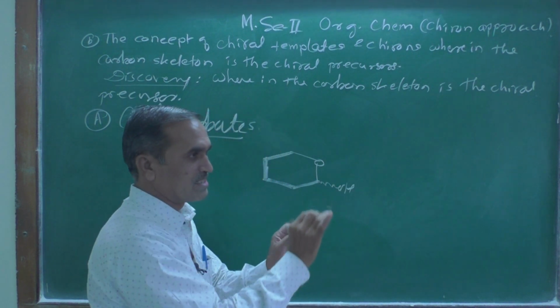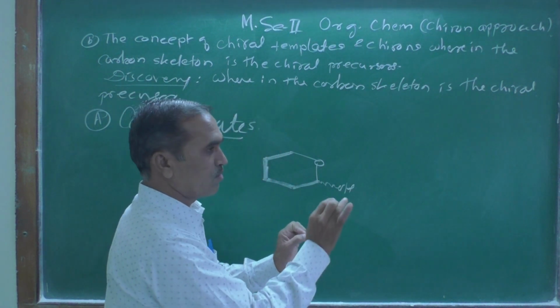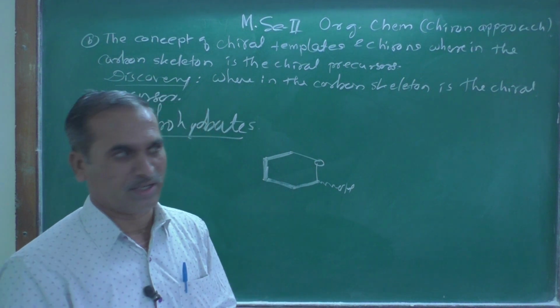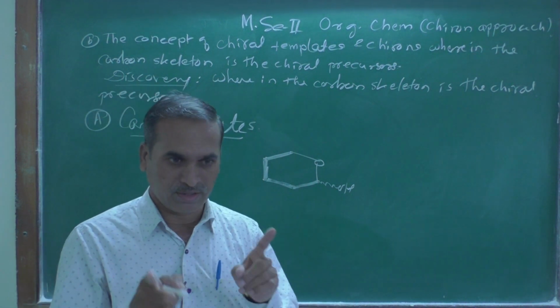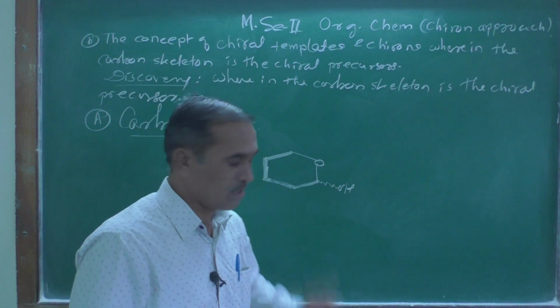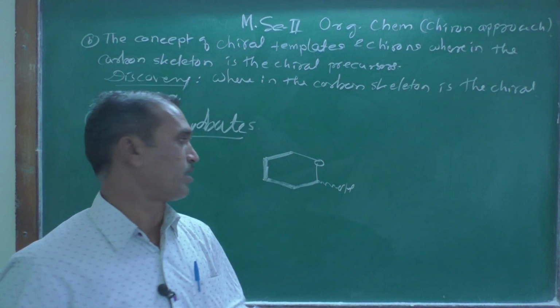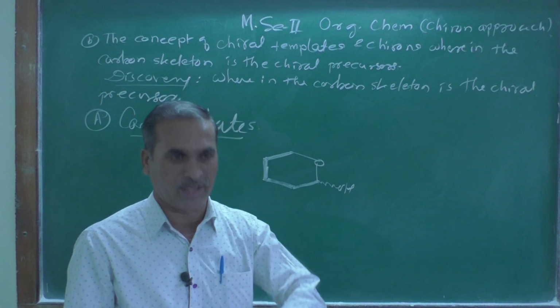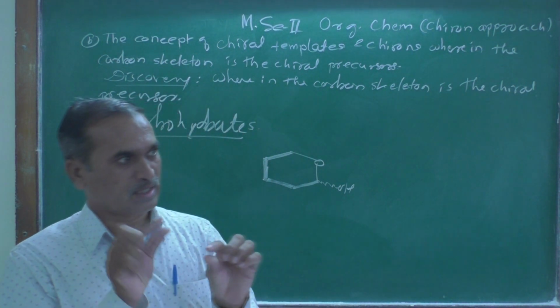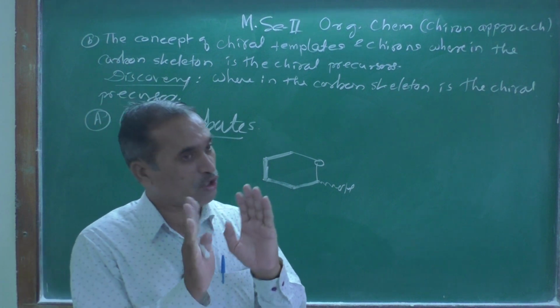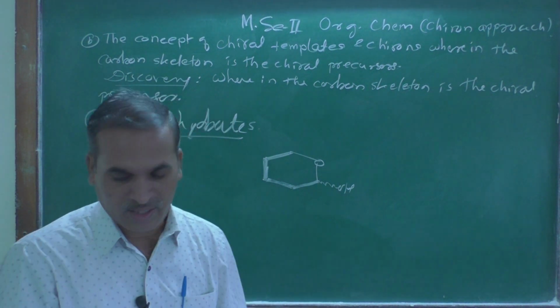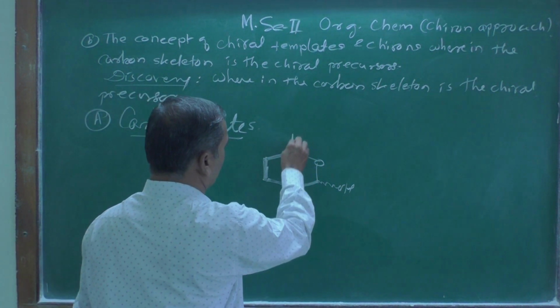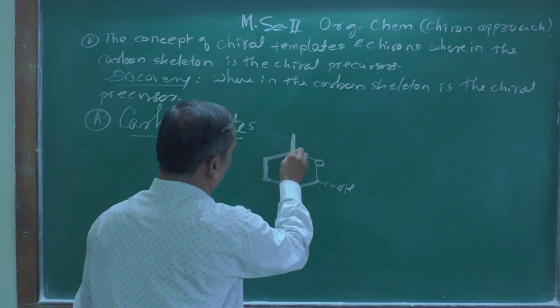This type of zigzag bond clearly indicates that this is a chiral carbon atom, but whether that OH is above the plane or below the plane is not assigned, not fixed in this case, and that's why it is written like this. So this is one type of skeleton.